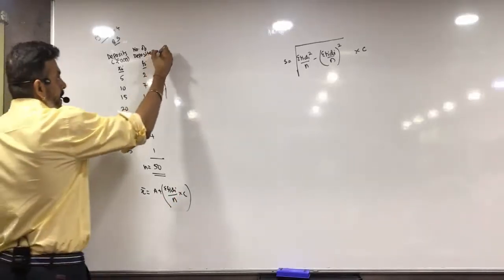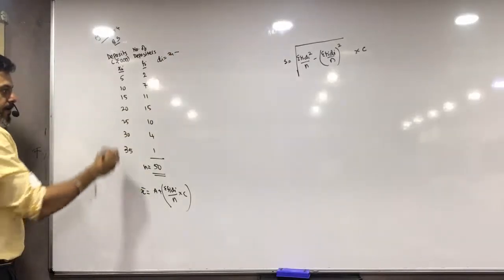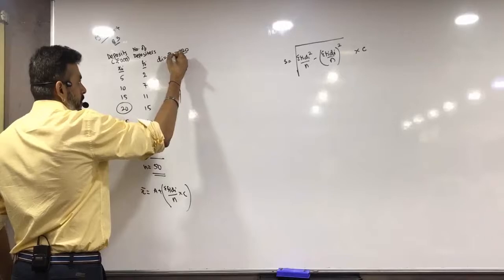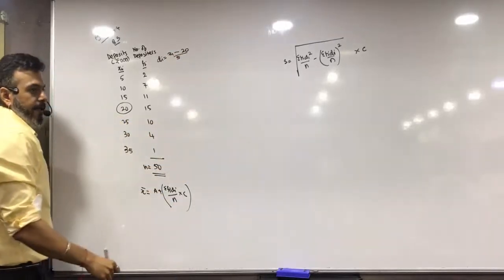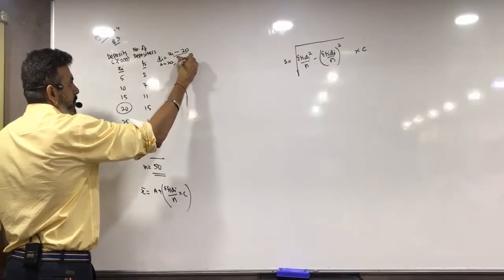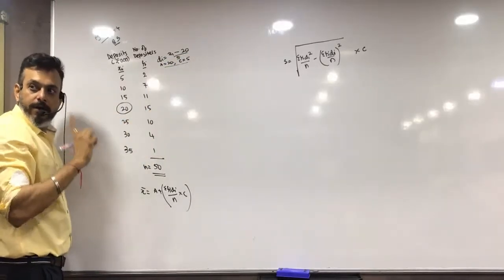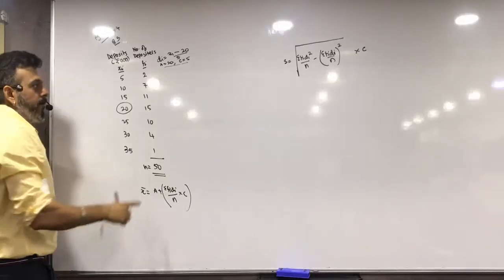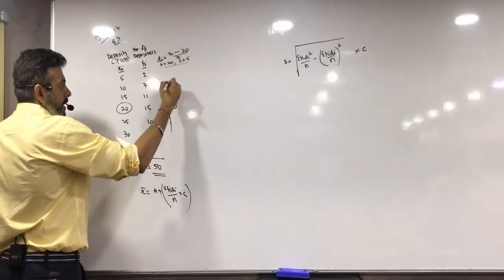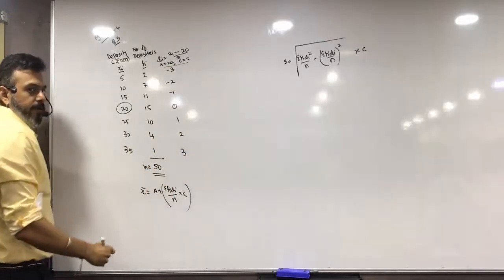Now di is equal to xi minus a. Let's assume a is 20 and the common difference is 5. So I write a is equal to 20, c is equal to 5. c is not the class length, c is the common difference. Understood? Okay, so di will be minus 3, minus 2, minus 1, 0, 1, 2 and 3.